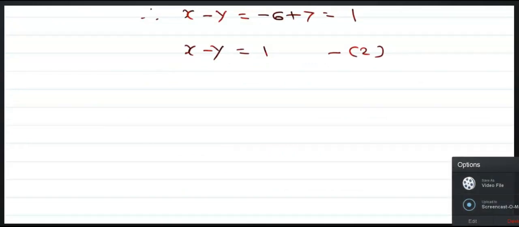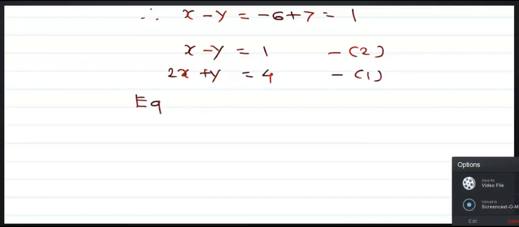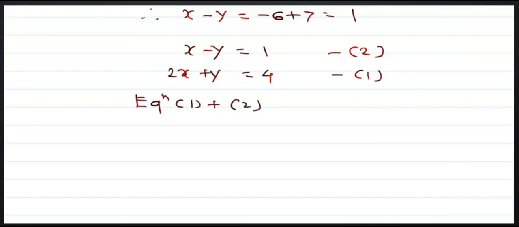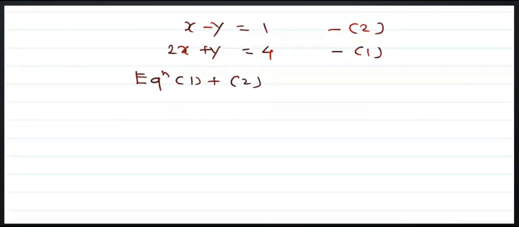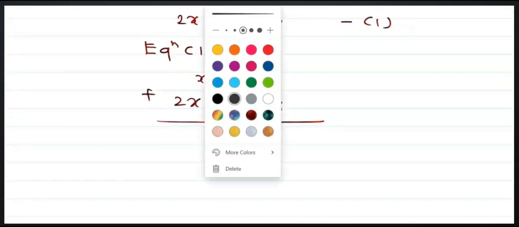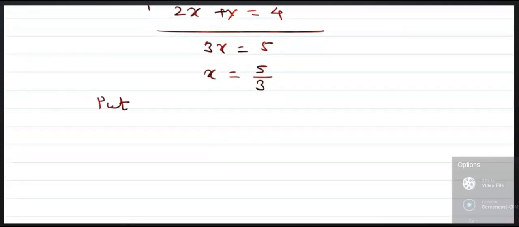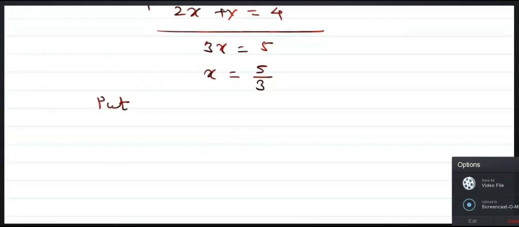Now solve these two equations of the altitudes simultaneously. If we add these two equations, then we will get 3x equals 5. Therefore, x equals 5 upon 3.